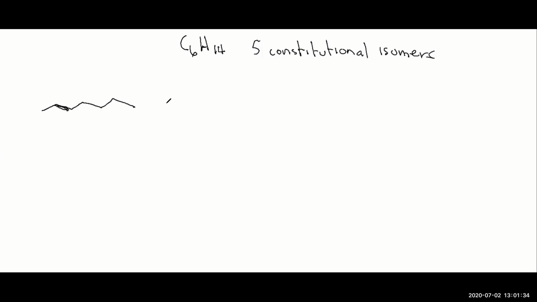Well, now what if we have something with 5 in the longest chain? And what if we put a methyl group there? So that would be a second one. Okay? And 1, 2, 3, 4, 5. We can put the methyl group here, and that would be a third one.